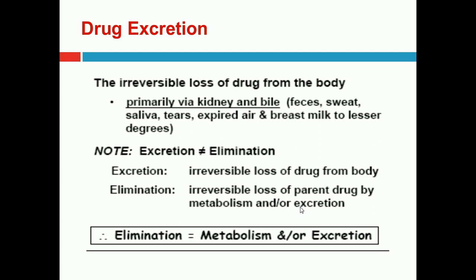As long as the drug is being metabolized, the drug is being changed, so the body will get rid of it. Both processes, the change of the drug by metabolism and excretion, are called elimination.